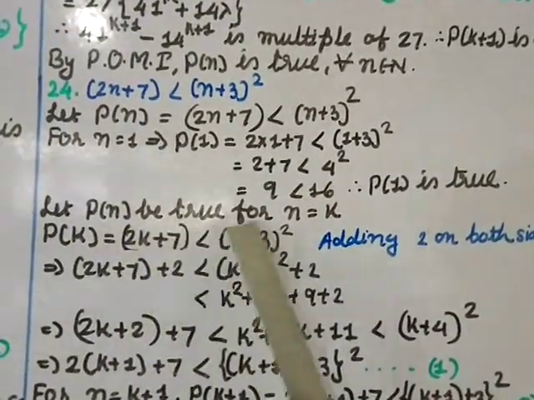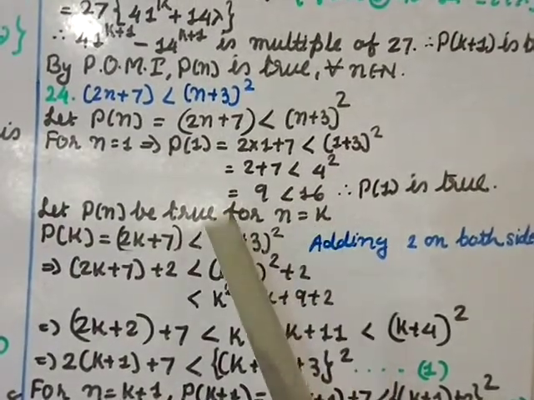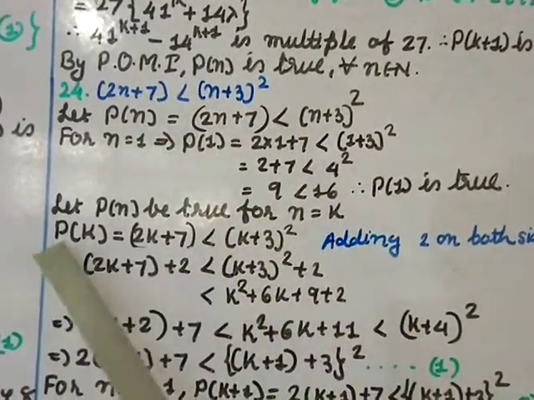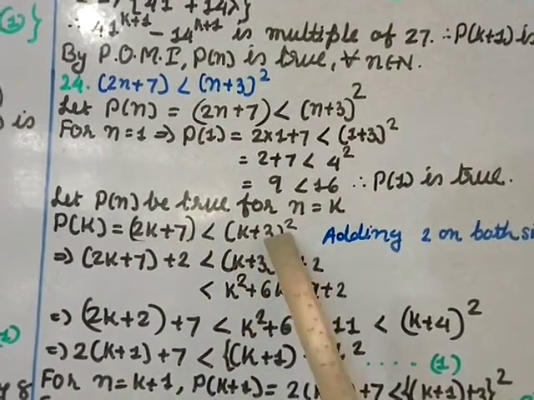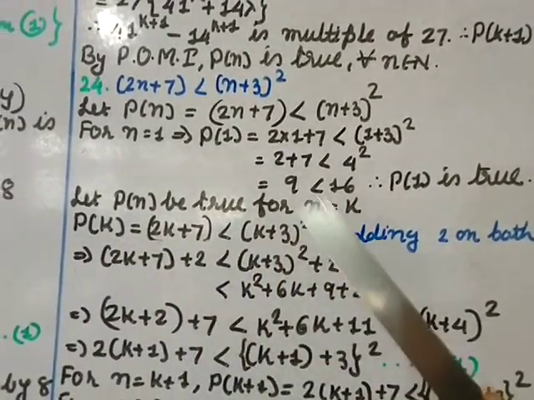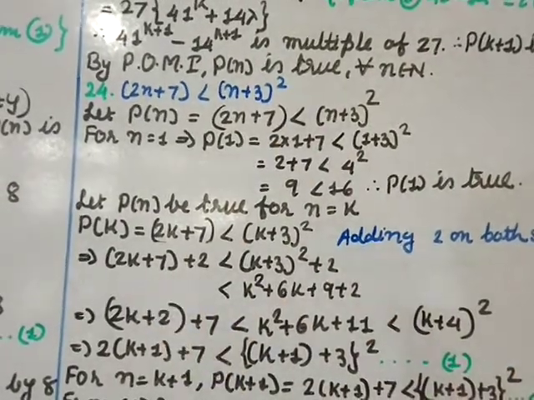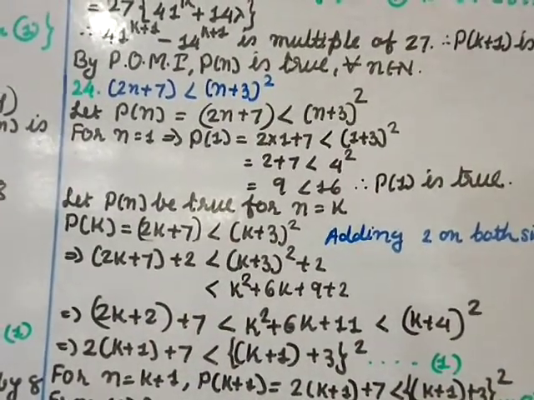Let Pn be true for n equal to k. So now instead of n you put k. So Pk equal to 2k plus 7 less than k plus 3 whole square. I will do the calculation on the Pk first and then show that this is equal to Pk plus 1.